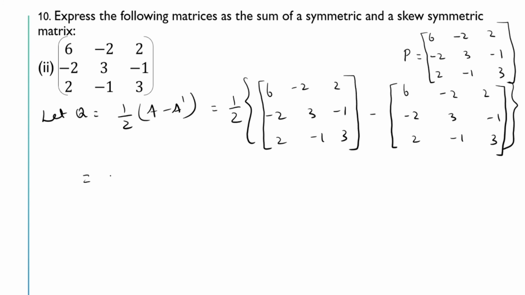So this is equal to half of, we get 6 minus 6 is 0, minus 2 plus 2 is 0, 2 minus 2 is 0, minus 2 plus 2 is 0, 3 minus 3 is 0, minus 1 plus 1 is 0, 2 minus 2 is 0, minus 1 plus 1 is 0, 3 minus 3 is 0. So half of a 0 matrix, this is equal to 0.